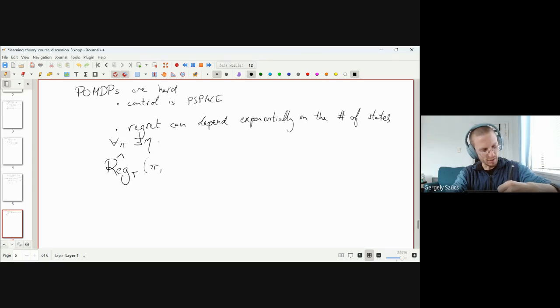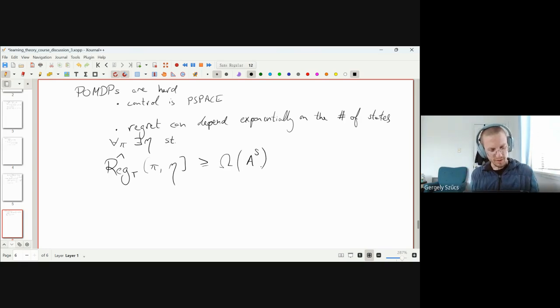And it's fair to say, it's on the order of the number of actions to the number of states.